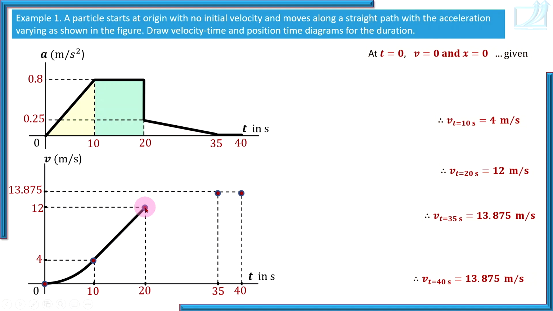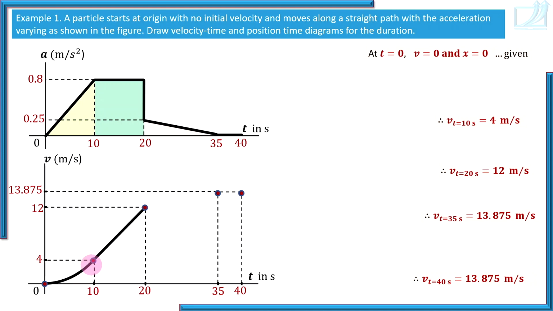Many students don't know this. Sudden change in acceleration means that at t equal to 20, there must be a sudden change in slope. Now sudden change in slope means there must be a corner here, a sharp corner. So when you draw the curve, it must not be tangent to this line. There must be a sharp corner here.